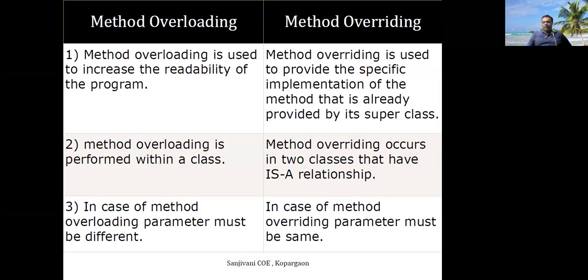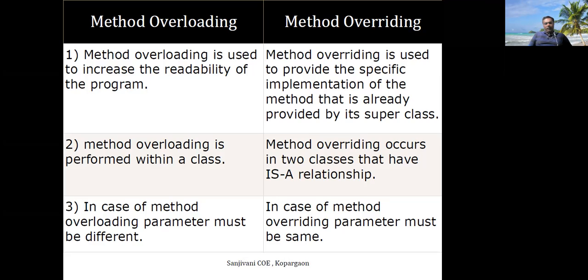Then after that we are going to discuss the difference between method overloading and method overriding. Method overloading is used to increase the readability of the program, whereas method overriding is used to provide a specific implementation of a method that is already provided by a superclass.